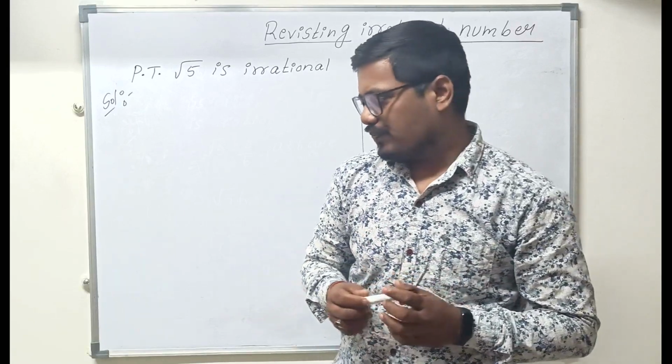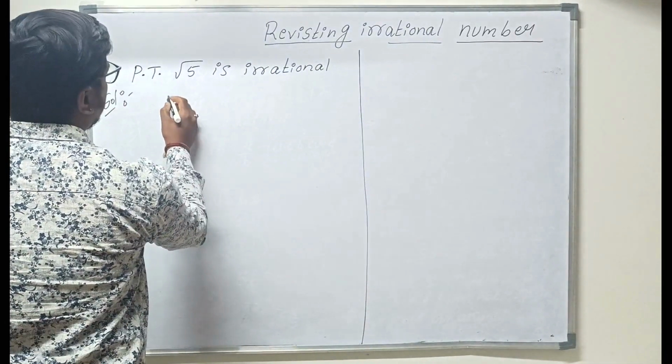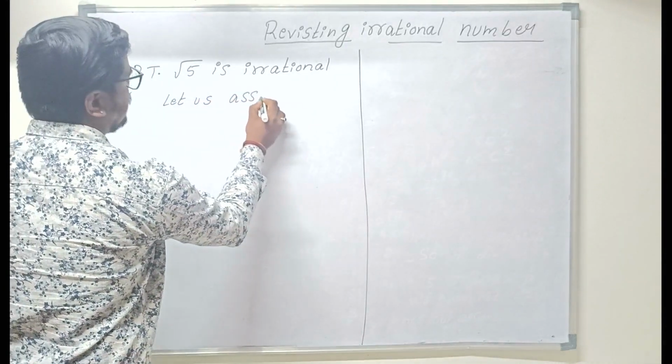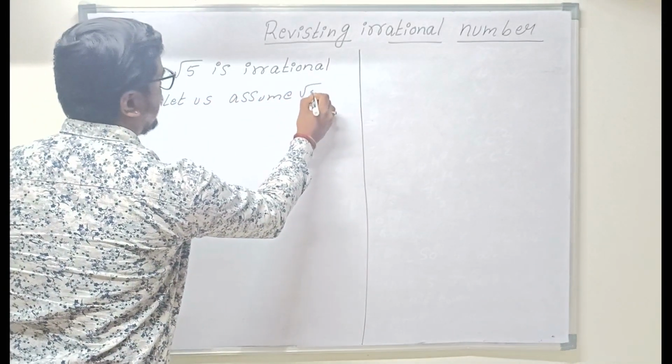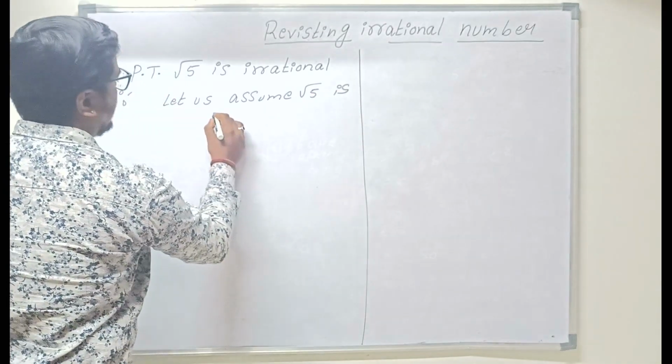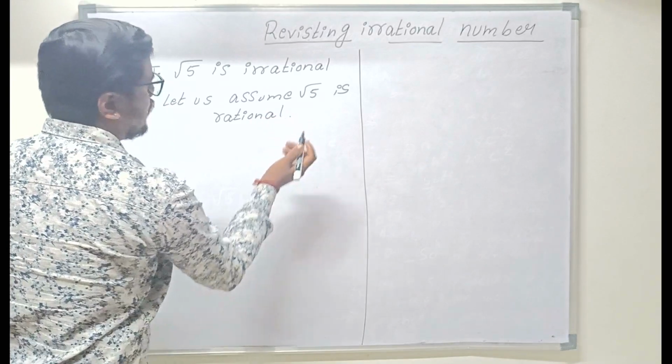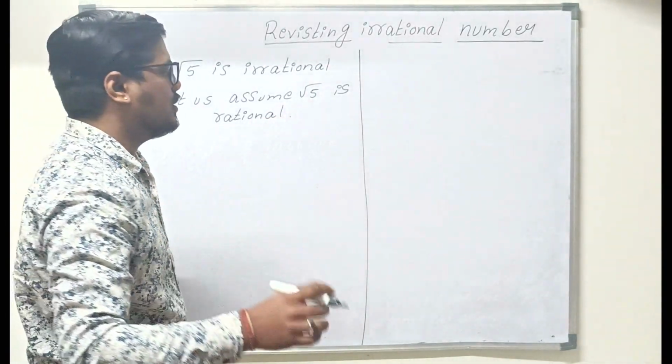So let us see. First, let us assume root 5 is rational. What is the first step? Let us assume root 5 is rational.